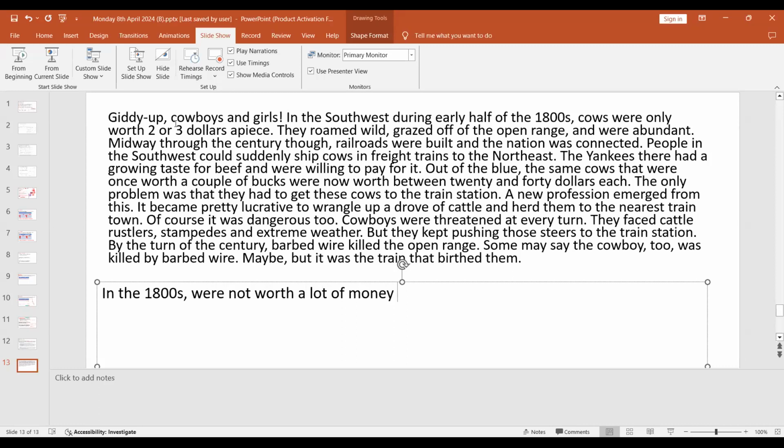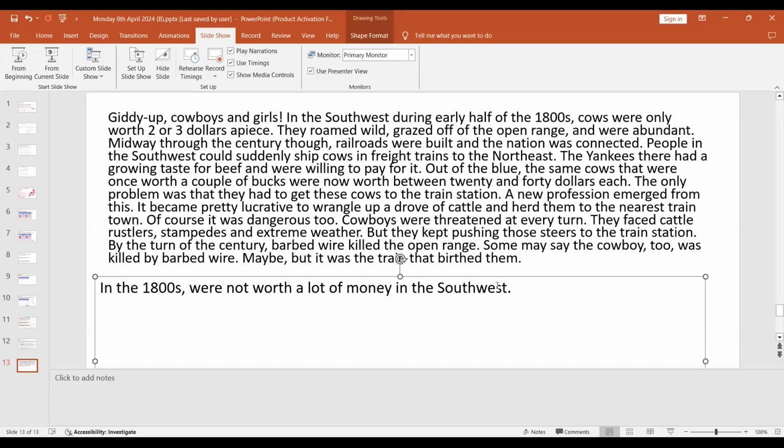In the Southwest, right? Now, why is this my first sentence? Because I need to say the time that we're in, and I need to say where we are. So in the Southwest, that's also important.